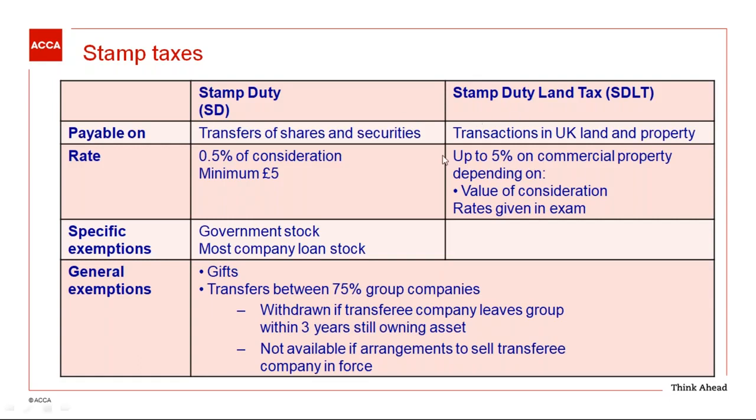I'm not going to explain in detail here because the rates are given to you at the exam, but there can always be a question for 1 mark or half a mark at the exam from stamp taxes.